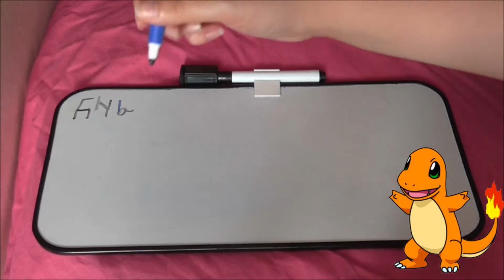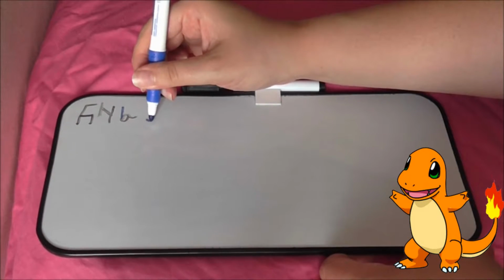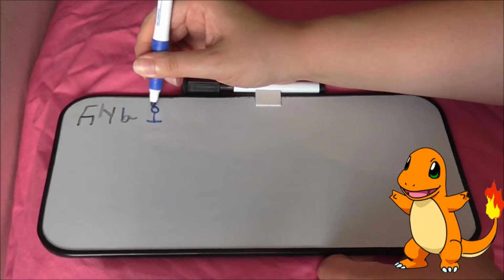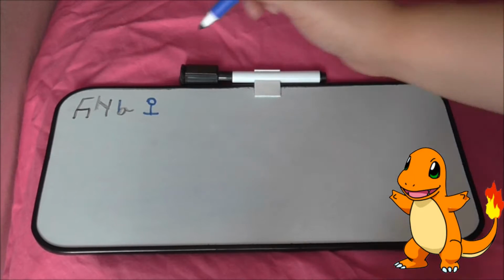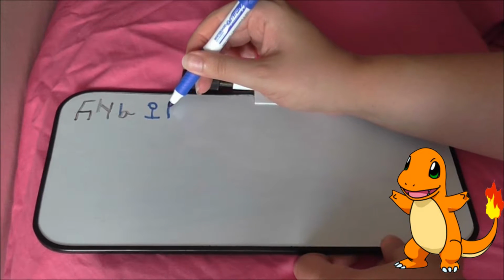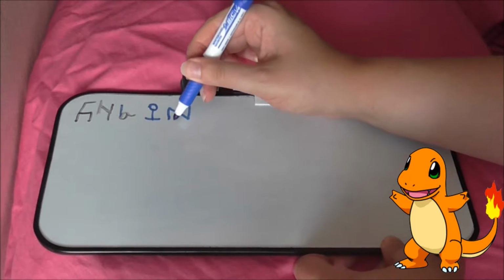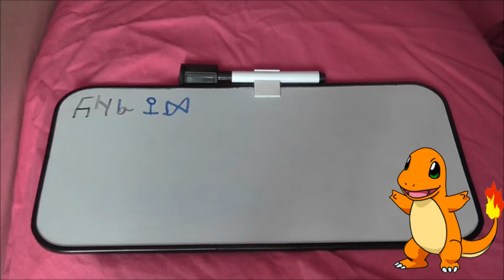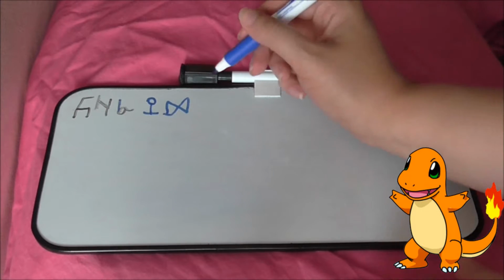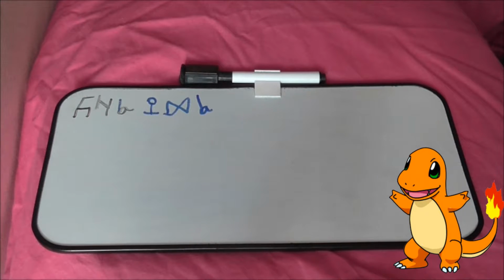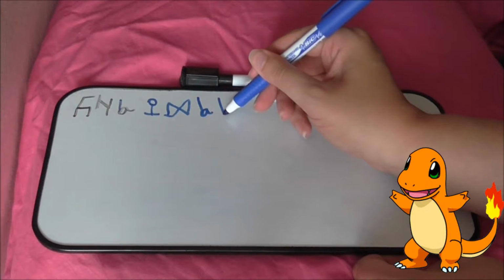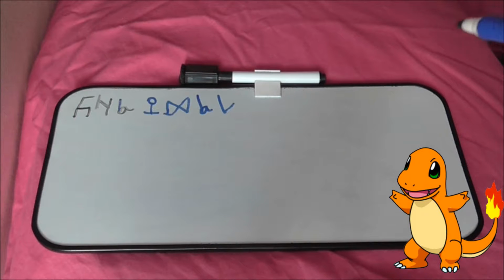Then it's R. And then the next one is a M. There you go. Then after that is another A. Then an N. Then a D.